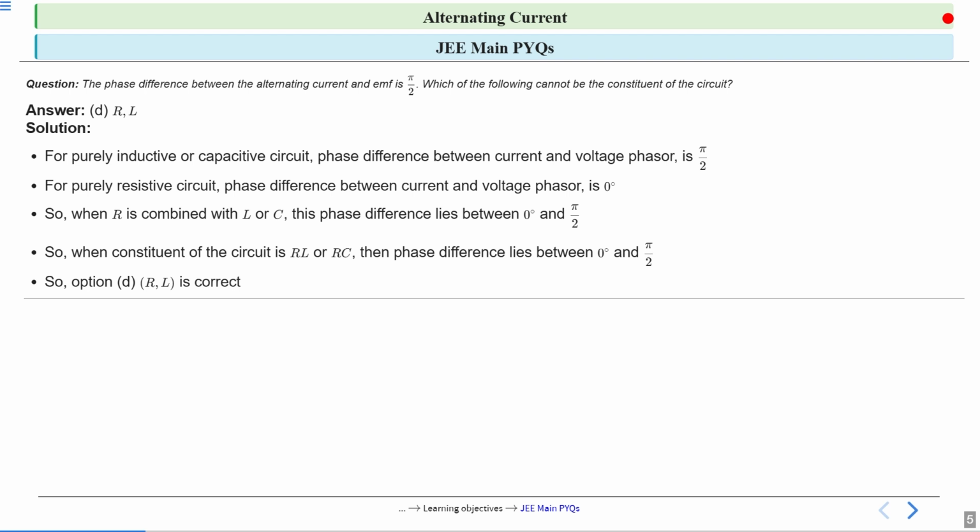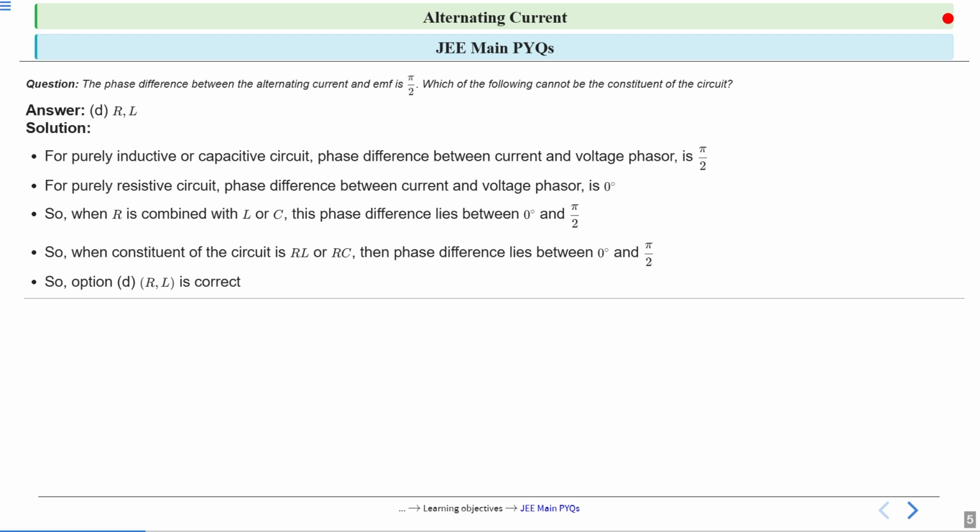So when we take the resultant of these two voltage phasors, due to capacitor and inductor, the resultant will be in the direction of either VC or VL. Okay, the resultant also has a phase difference of pi by 2 with the current.